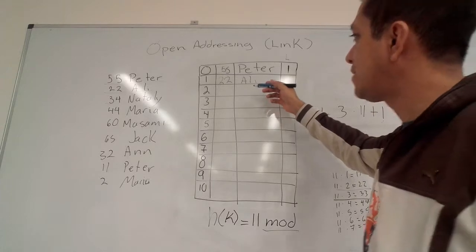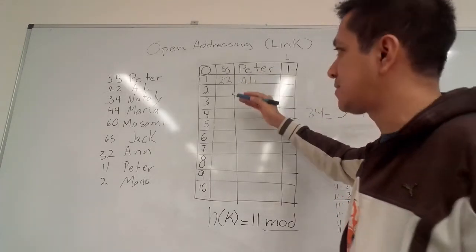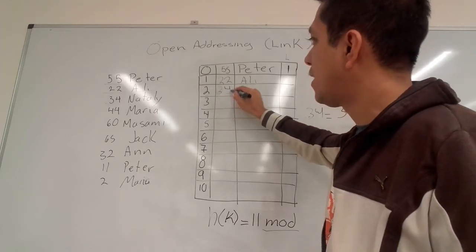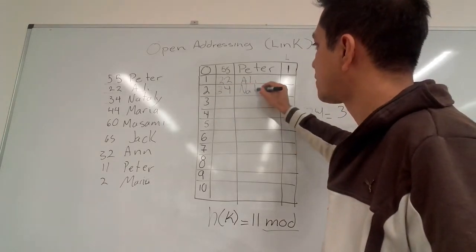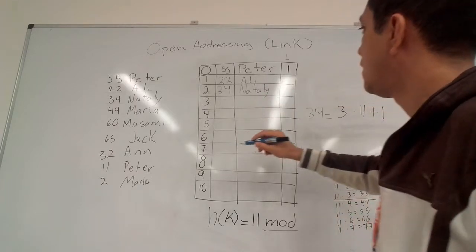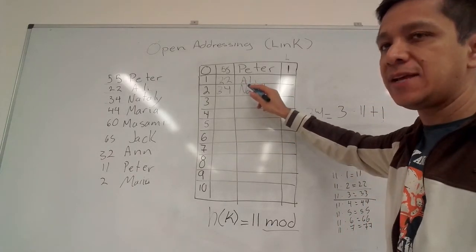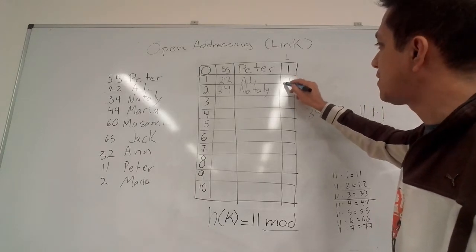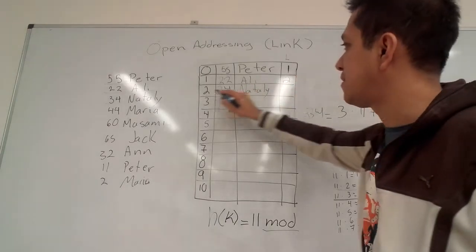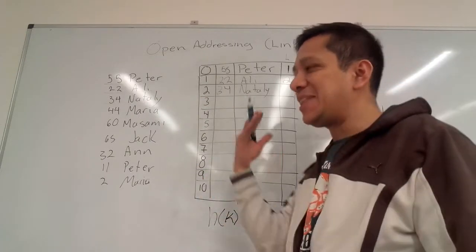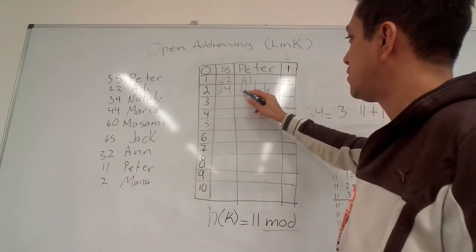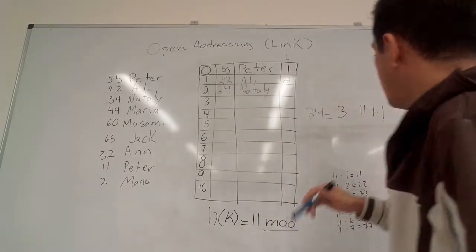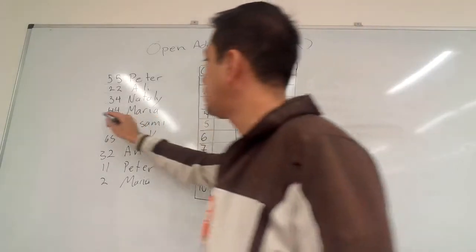So Natalie is going to be in the next space available. We will place 34 for Natalie, and we are going to link in this place to Natalie. If we follow the link here, we will find Natalie, where the original place should be.